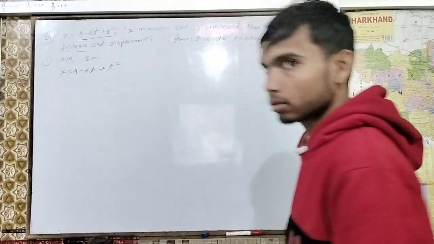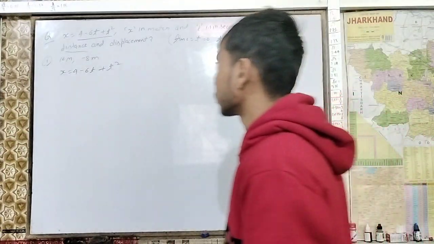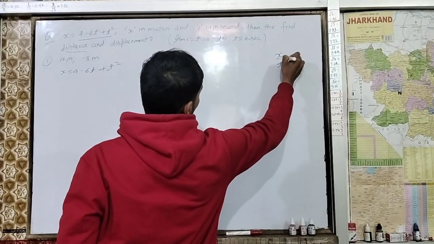You can differentiate this. We know the relation of x and t gives velocity, and the relation of v and t gives acceleration. We are familiar with these things. So differentiating x will give us the velocity.